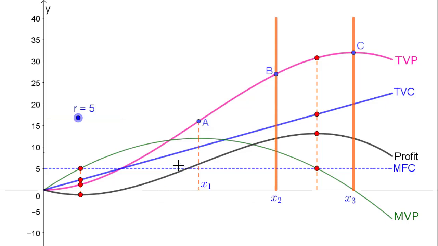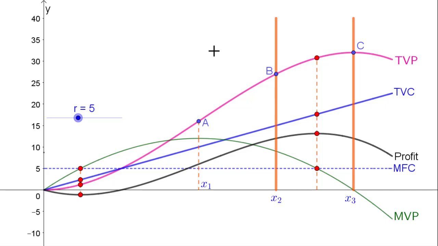However, it is not easy to understand why it is also not economical to produce between X1 and X2. Some might argue that in that region, the MVP is decreasing, so the rate of change of your TVP is decreasing, so maybe I can start producing in that region.